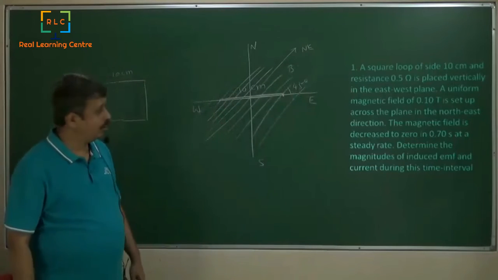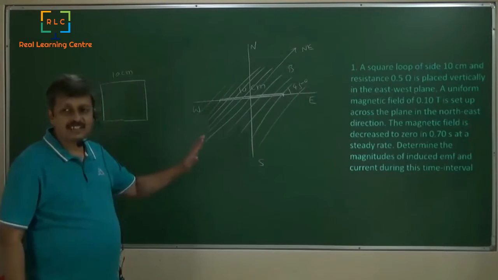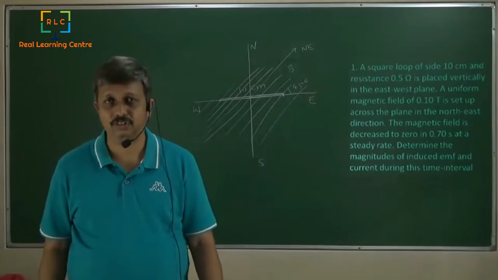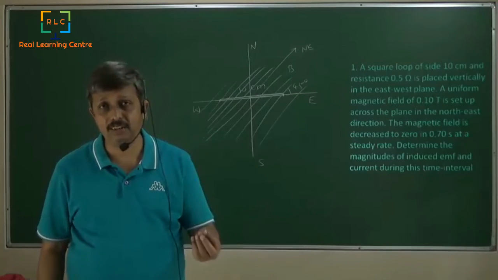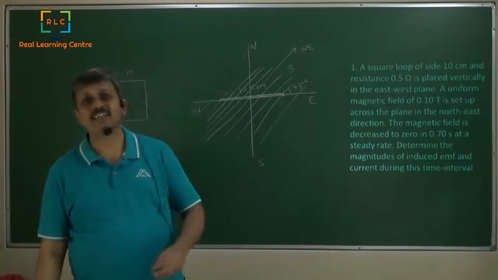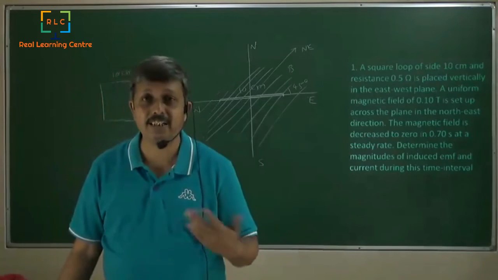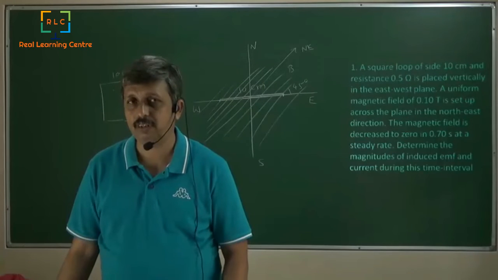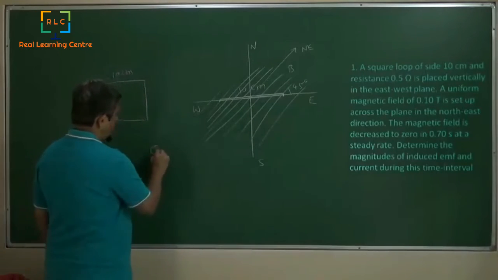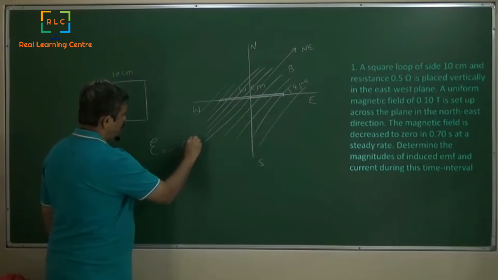The question is, if you just keep it like this, inside the coil there will be no EMF induced, because there is magnetic flux and the coil is simply sitting. If the magnetic flux is not changing, we don't get an EMF. Delta phi by delta t is required for us to get the EMF. So EMF is equal to minus delta phi by delta t.